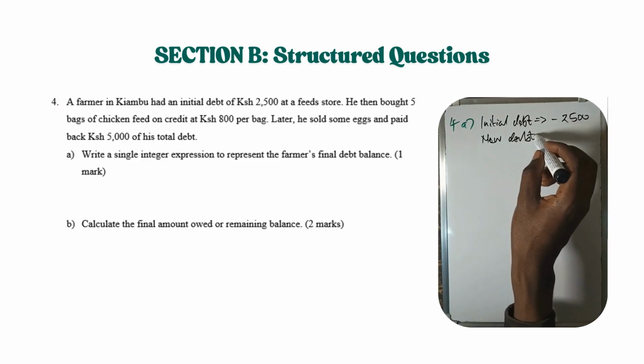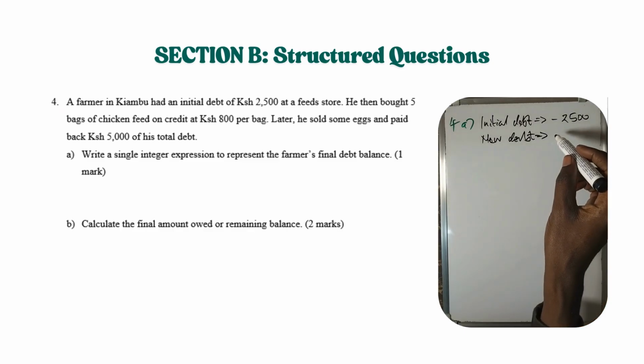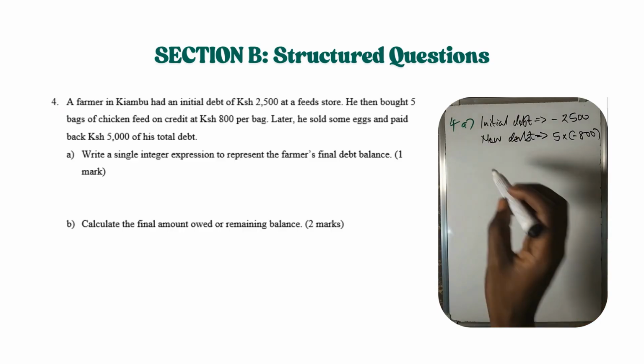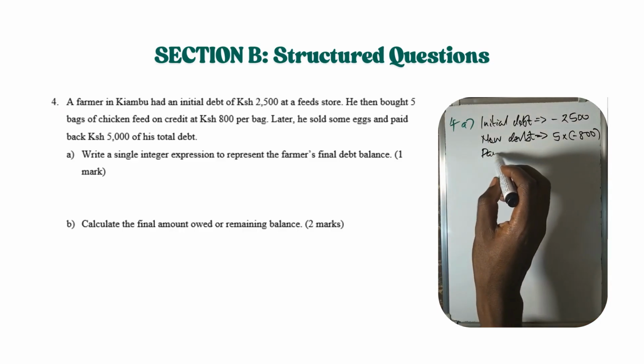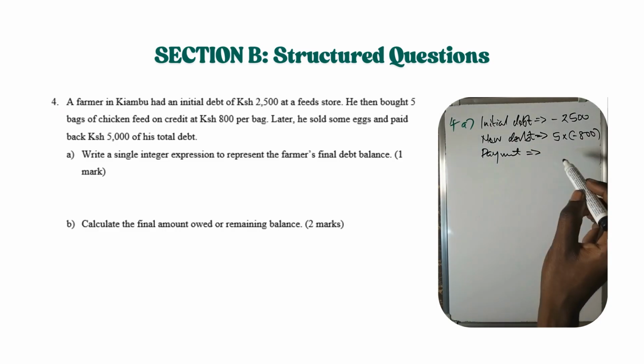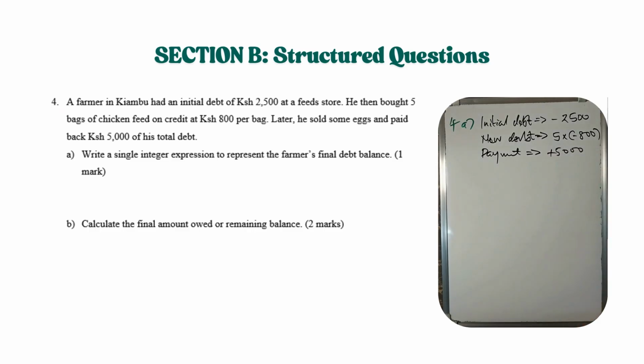Now the new debt incurred will be, that was 800 per bag, so it will be 5 times negative 800 because it's 800 per bag. But he made a payment of 5,000.